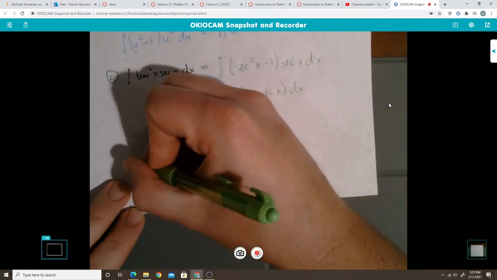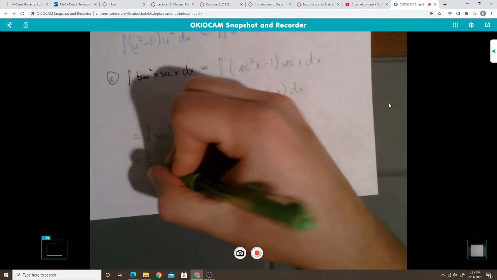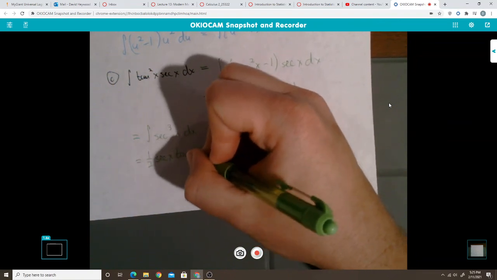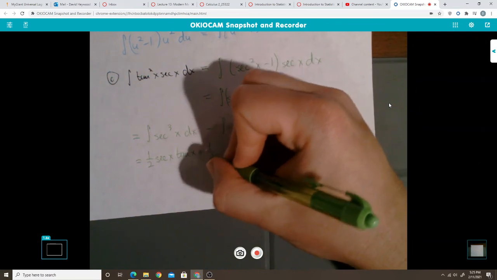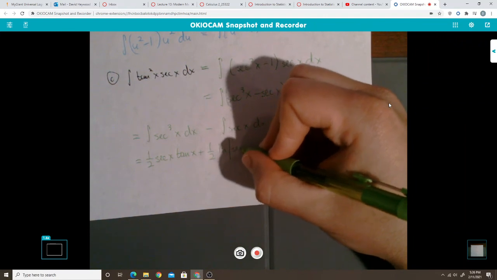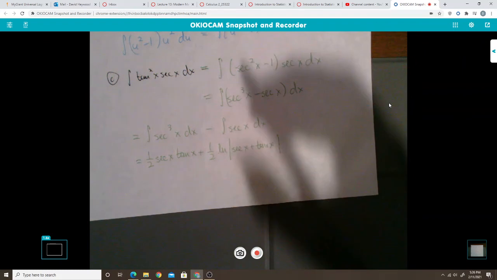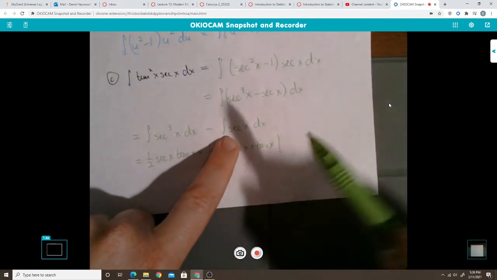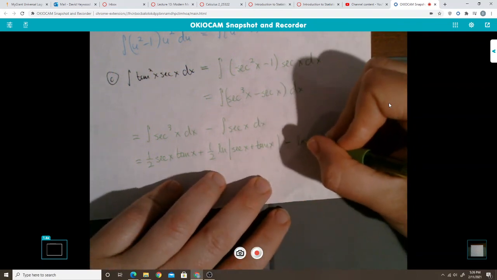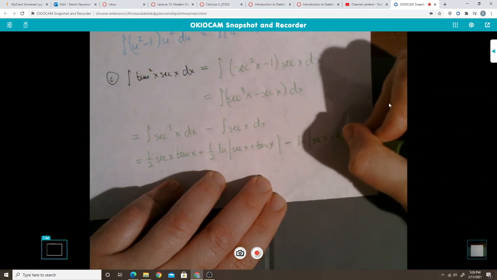So just copying the formula down now for secant cubed, I've got 1/2 secant x tangent x plus 1/2 times natural log of secant x plus tangent x. Okay, that's all just this first part. And then this part is minus natural log of secant x plus tangent x.